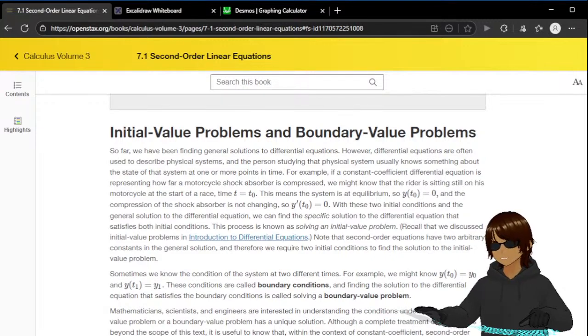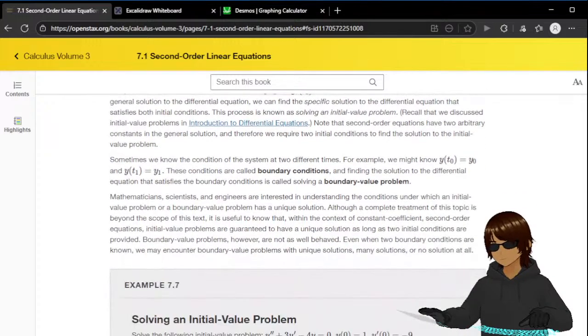With these two initial conditions and the general solution to the differential equation, we can find the specific solution that satisfies both initial conditions. This process is known as solving an initial value problem. Note that second order equations have two arbitrary constants in the general solution.